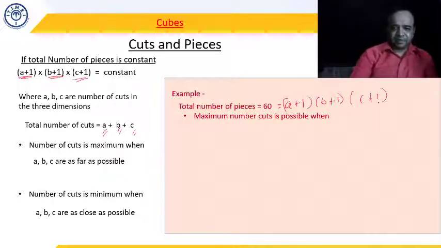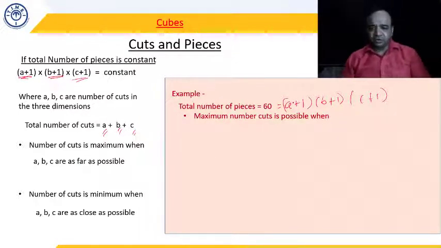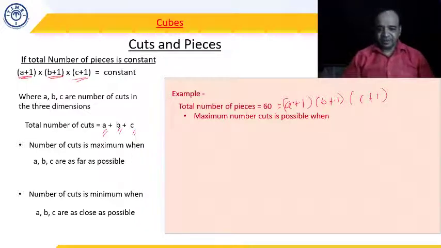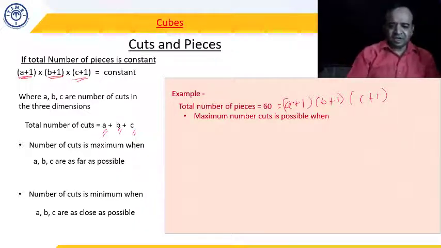Now the maximum number of cuts is possible when these are as far apart as possible. It means the factorization should be like 1 into 1 into 60. So a plus 1 is 1, b plus 1 is 1 and c plus 1 is 60. I hope this is clear.